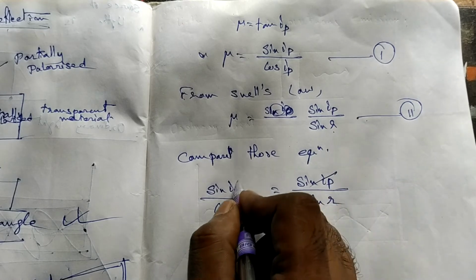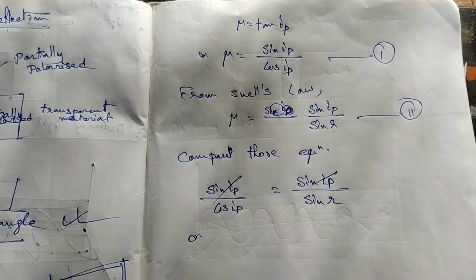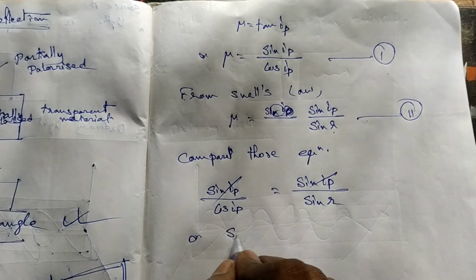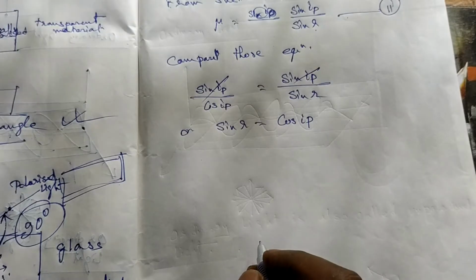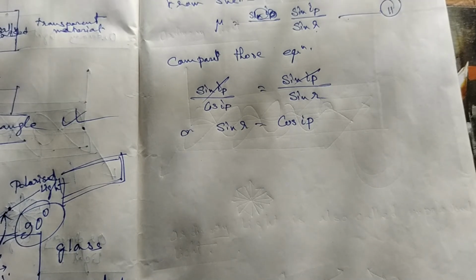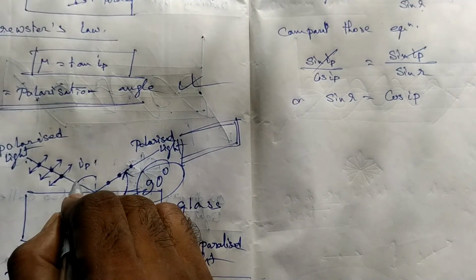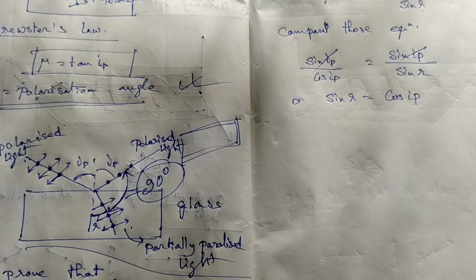Sin R is equal to cos IP. So if this angle is IP, this one is also IP.